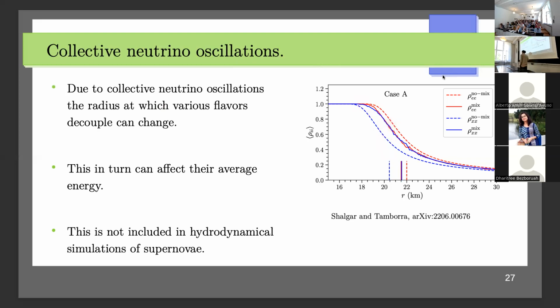And that means that the average energy could also be affected. So these effects of neutrino flavor evolution are not included when we do hydrodynamic simulations of core collapse supernovae. And the reason is that as far as the neutrino flavor evolution in these dense environments is concerned, it's a very active field of research, and we don't know how to actually solve this problem.